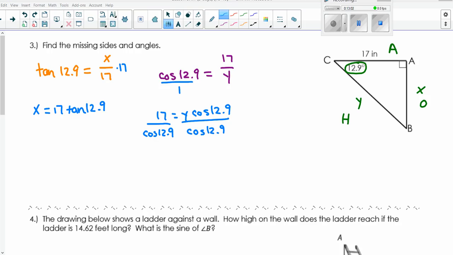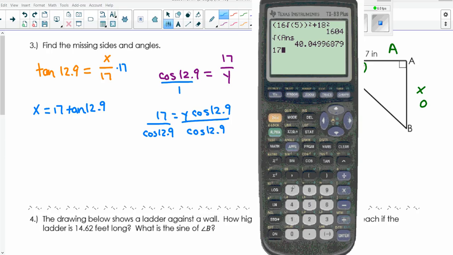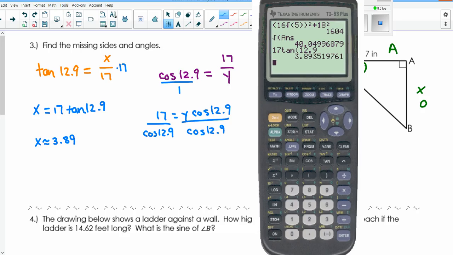Okay, so when I'm finding X, I'm going to do 17 tangent of 12.9. So put that in your calculator and check your answer. You should get that X is about 3.89. And then over here, I'm going to say 17 divided by the cosine of 12.9.